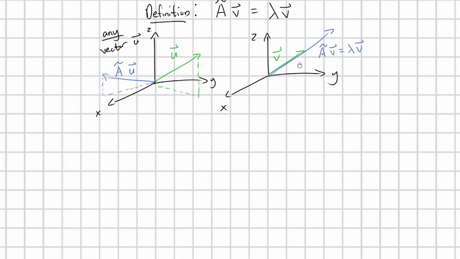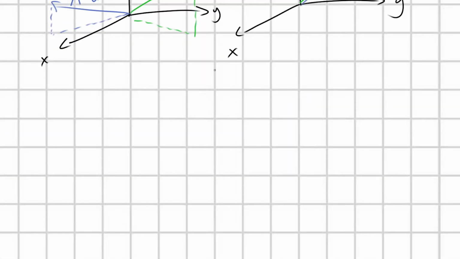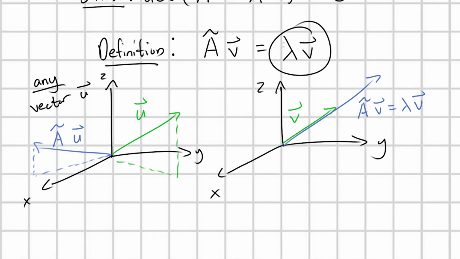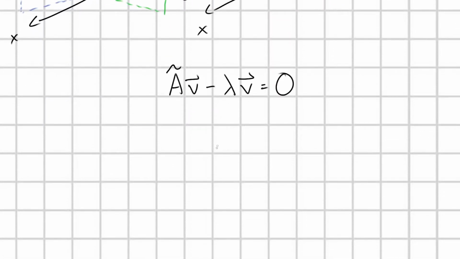If we're good on that, what we can do from here, just from this basic definition, is move lambda v to the other side. So we have AV minus lambda v is equal to 0. We also know that the identity matrix acting on V, by definition of the identity matrix, just gives us V again.